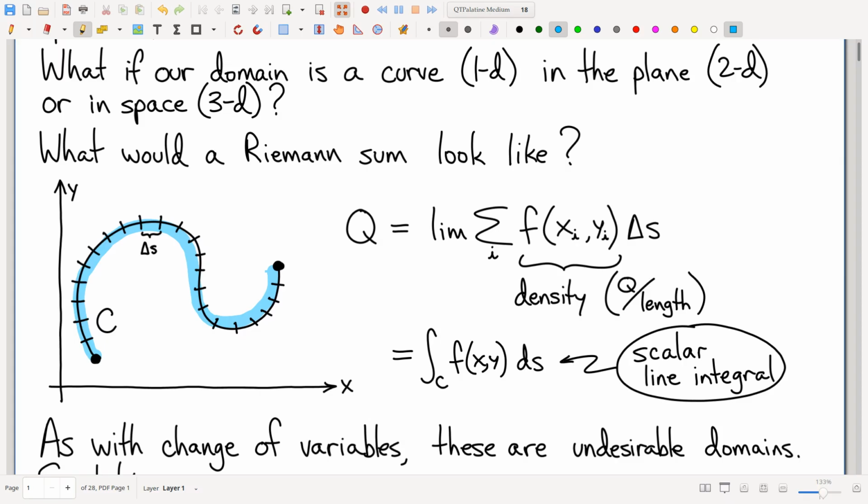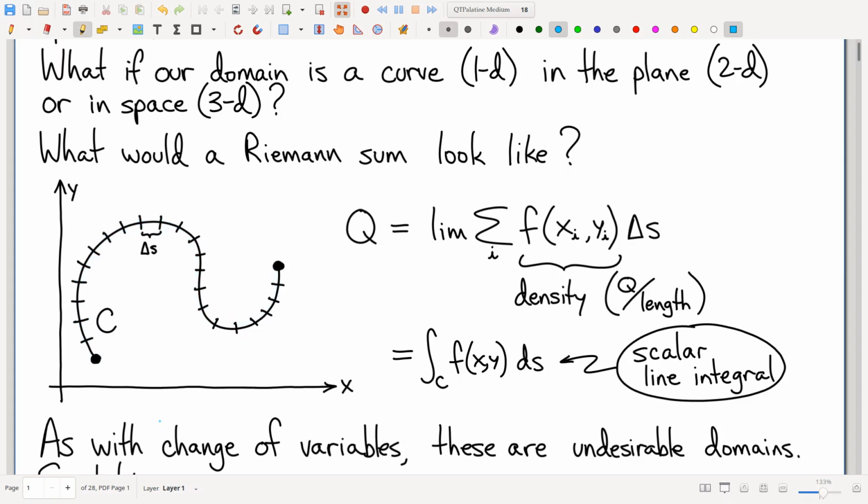So line drawing, for example, doesn't necessarily mean straight line. So it's a little bit confusing. In particular, this does not have to be a straight line. This is just a reference to the fact that the domain's a curve. Would it be a little preferable if this were universally understood as a curve integral? Yeah, probably. Some people do call these path integrals, but that's a little bit more narrow. Line integral, I think, is the more common term.